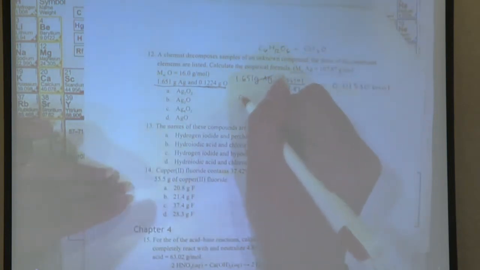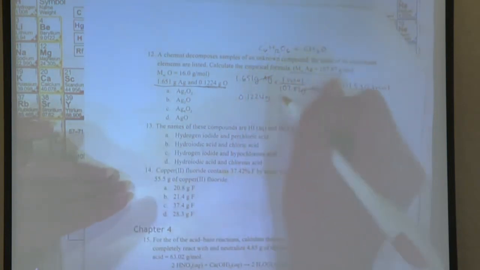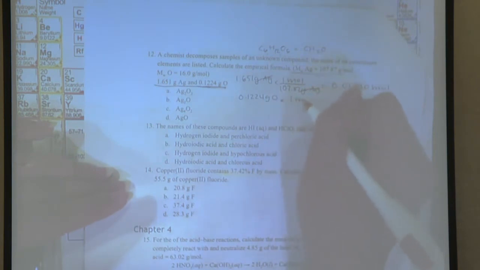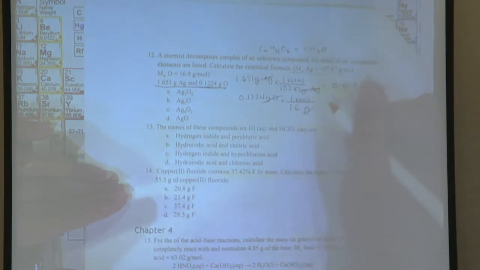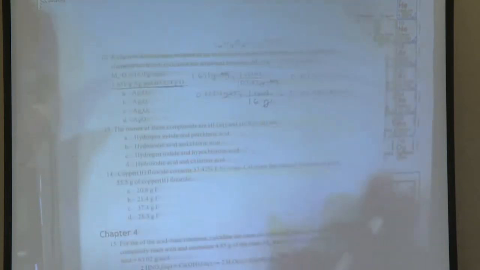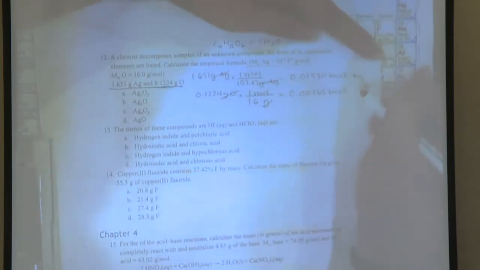If we have 0.1224 grams of oxygen, for every 1 mole you have 16 grams, so our grams cancel out. And that should give us, if we do our math correctly, this many moles of Ag and oxygen.